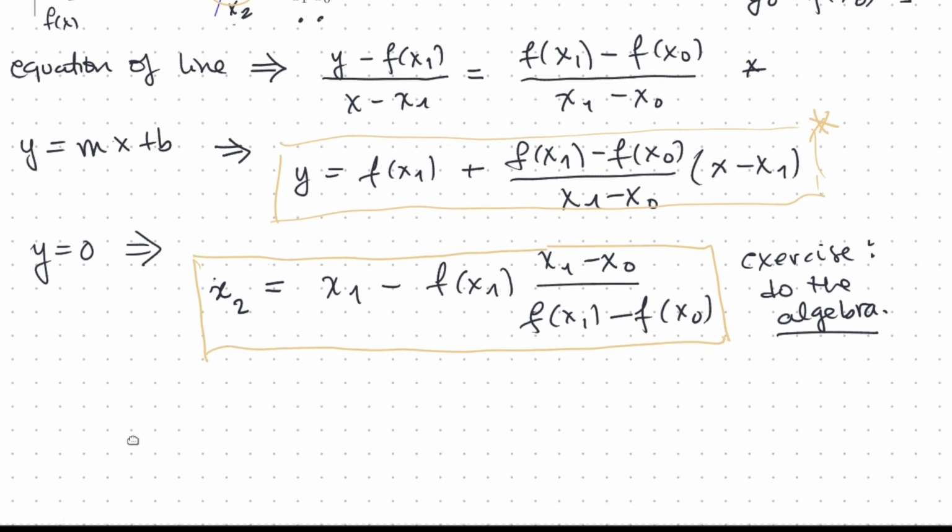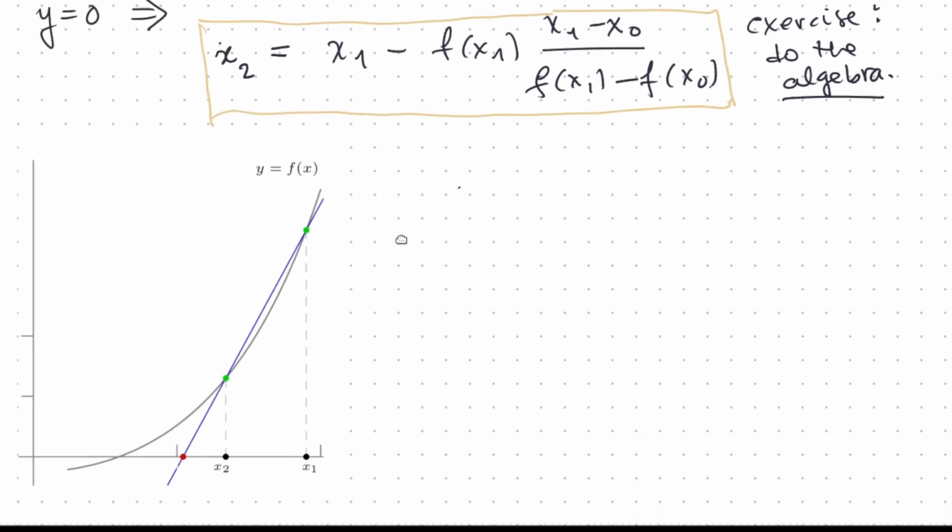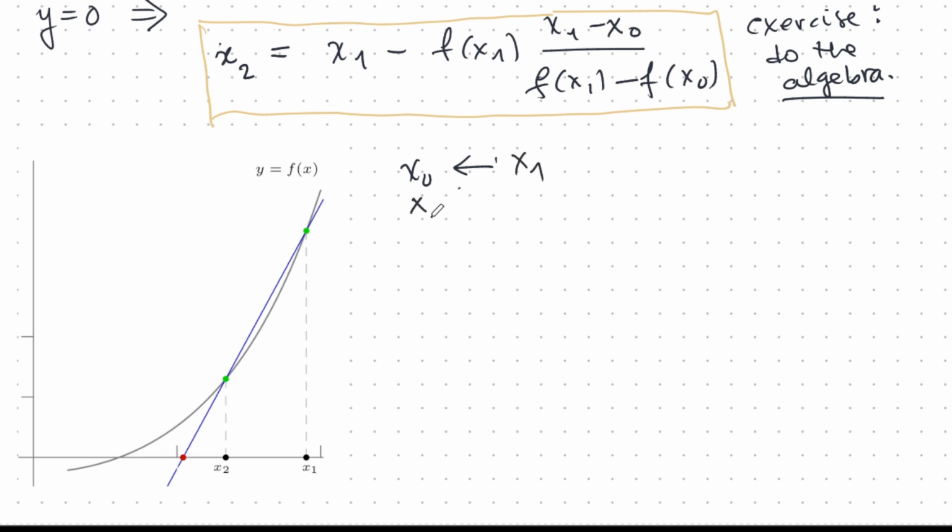Of course, I can continue this process. What I can do here is now take x0 to be x1 and x1 to be x2. So I have new values now. My new x1 is x2, and I'm going to find a better approximation, x3, a new red dot.